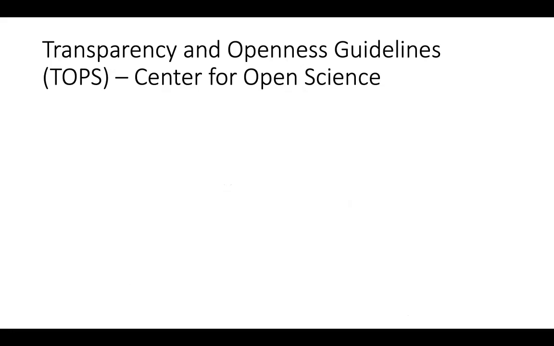There is a set of guidelines called the TOPS guidelines, Transparency and Openness Guidelines, from the Center for Open Science, but these guidelines are being increasingly adopted by major publishing outlets. For example, the American Psychological Association has now adopted these guidelines. And here they are.